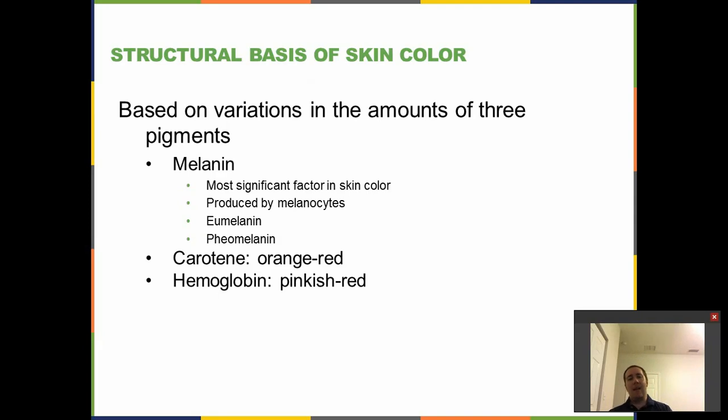But melanin is not the only thing that controls our skin color. We also have a pigment called keratin, which is orangish or kind of an orange red. Where do you know this word from? Keratin. I think of carrot. Yes, you do.